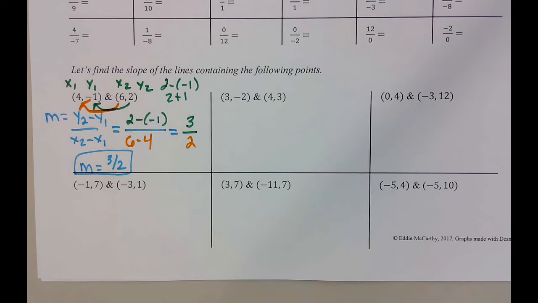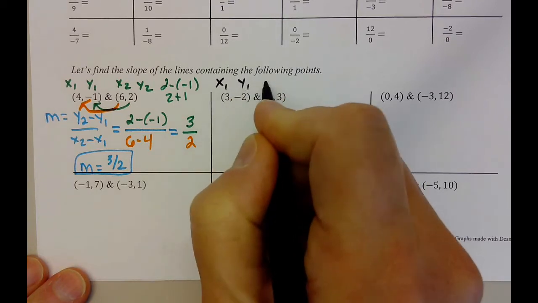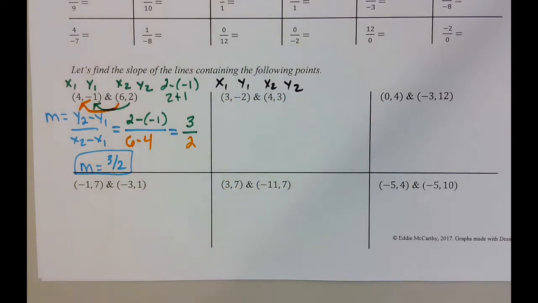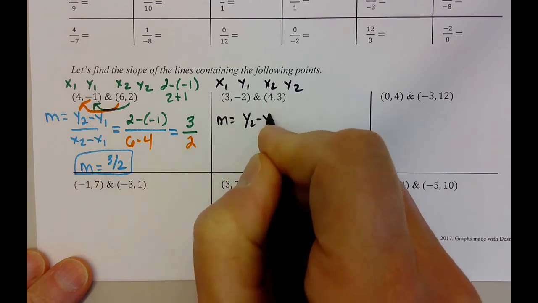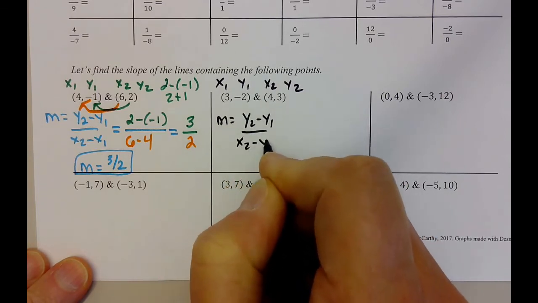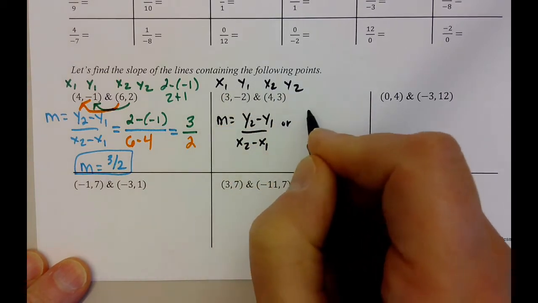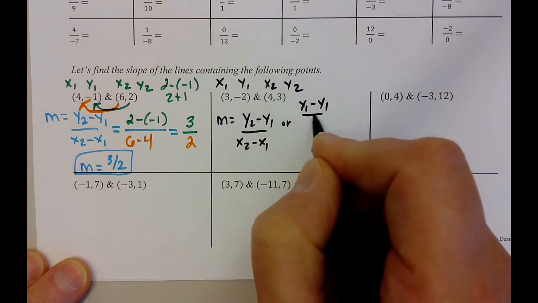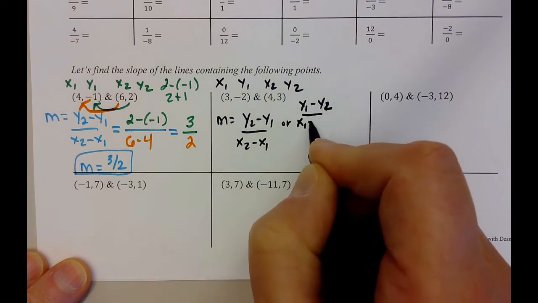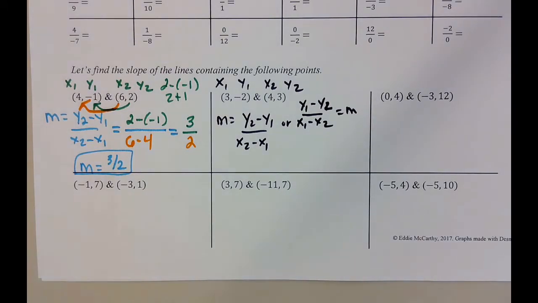All right, so let's do this second one, and then we're going to do one more. So again, x1, y1, x2, y2, and my slope is y2 minus y1, over x2 minus x1. And I'm actually going to do y1 minus y2 over x1 minus x2 to show you that it's the same thing, as long as we start with the same one each time.